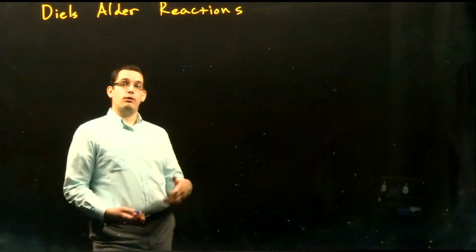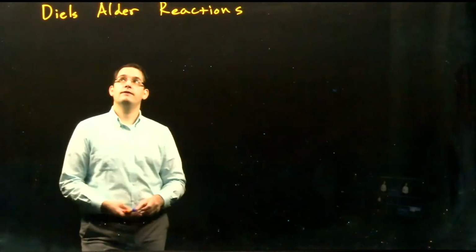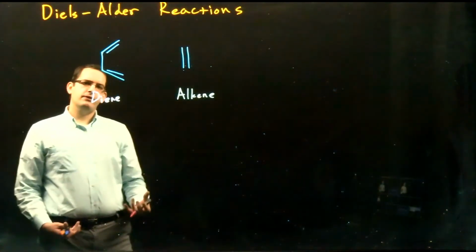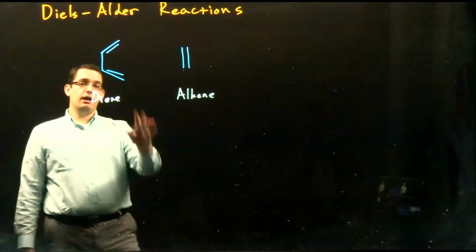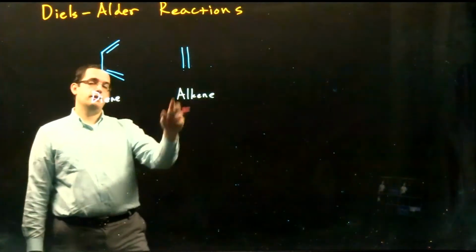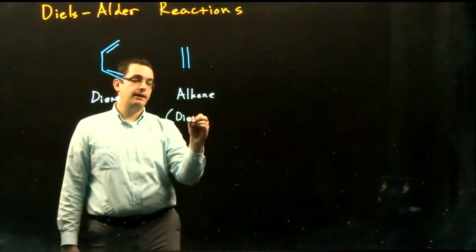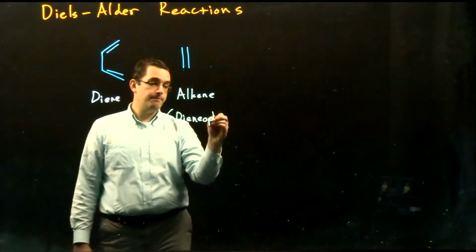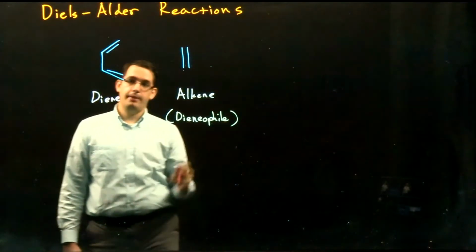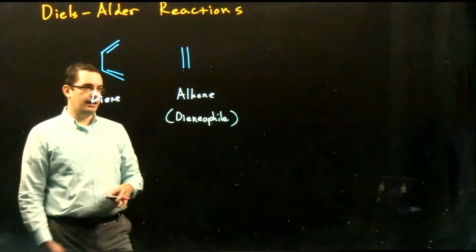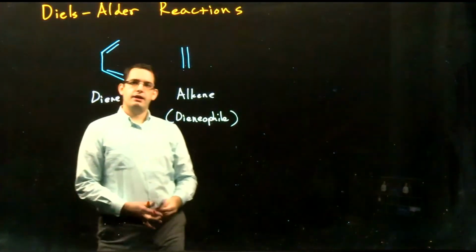Specifically, we're going to be able to make ring systems using this Diels-Alder reaction. Our Diels-Alder reaction occurs between a conjugated diene and an alkene. This alkene we refer to as a dienophile, because of course it's going to be reacting with and joining with our diene.